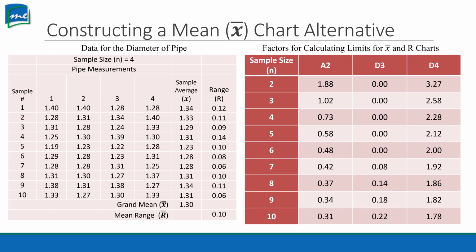So when we look at this, we're going to be using the sample size. So we have 10, but we have 4 samples in each one. So we're going to actually be using the 4 because we have 4 actual units per sample. So A2 is going to be 0.73 and our D4 is going to be 2.28.